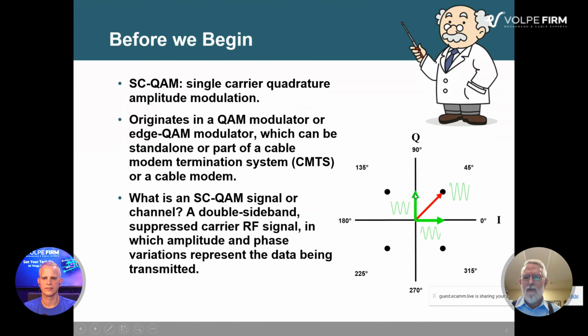If we assume that the green arrows are 0.707 in length each, then the magnitude of this red one is going to be 1. So we typically normalize to 1. So there's the vector sum of those two waves, which have a phase of 45 degrees, and 0 degrees is over here off to the right. That's by convention, and it goes counterclockwise around that. So that's when I talk about phase, and I'll show you some examples a little bit later on. That's what we're talking about.